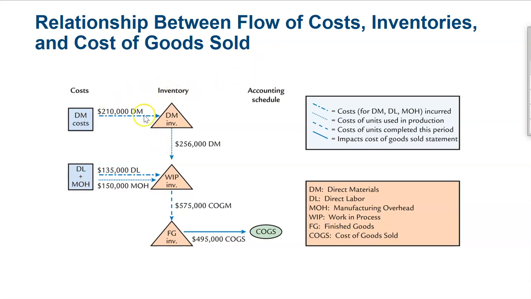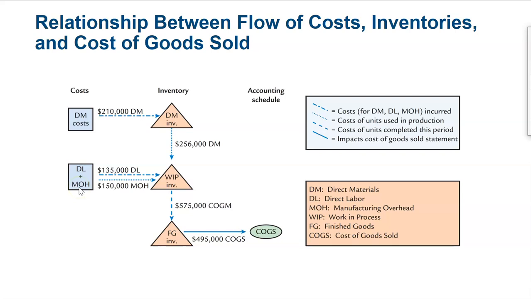So here we have those calculations that we were using before. We had direct materials cost of $210,000. That is an inventoriable cost. We had direct labor. They put these two together because they're conversion costs. $135,000 of direct labor is going to go into the work in process inventory, meaning we can't start working on it until the materials have been added into the process.